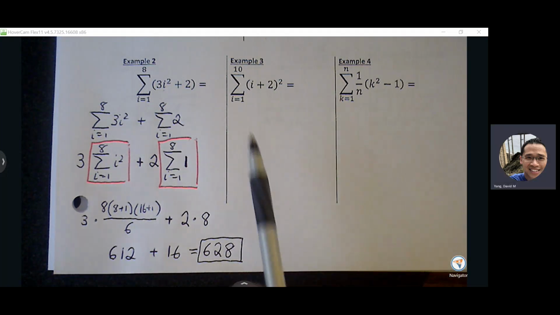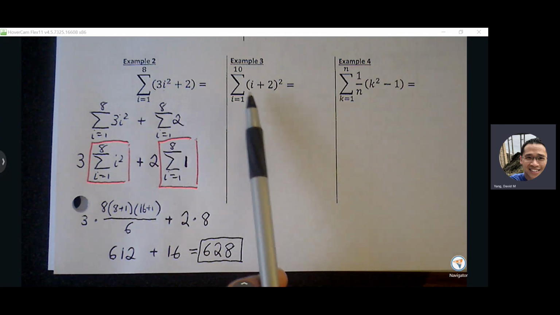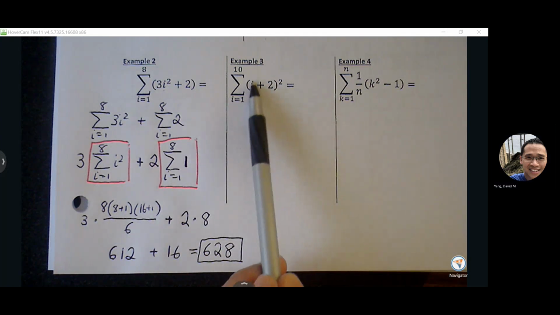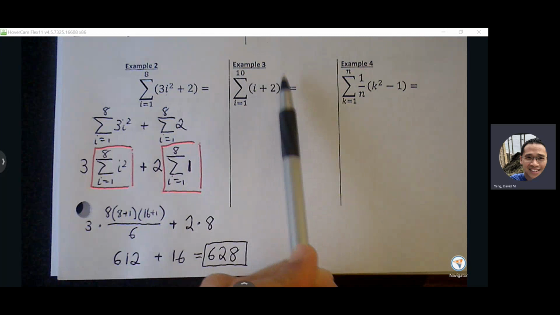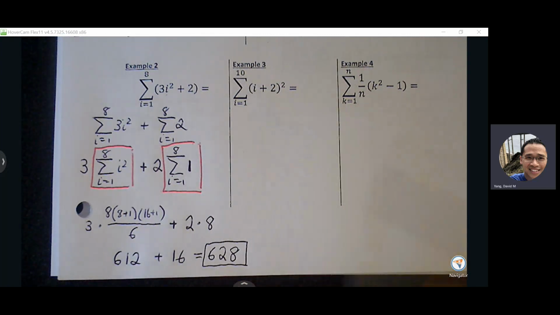Okay, if you look at example 3, this looks a little more complicated here. Got an i plus 2 squared. This kind of looks like i squared, but it kind of doesn't as well because of that plus 2. What do you think we should do before we can identify each of the rules that we want to apply?